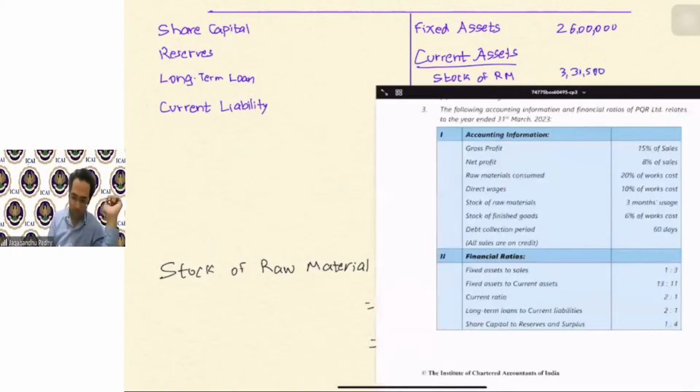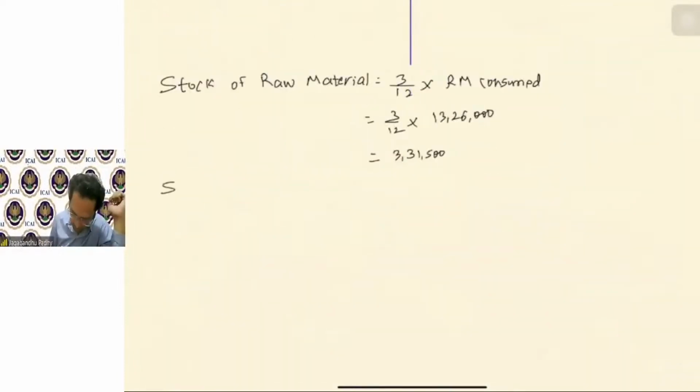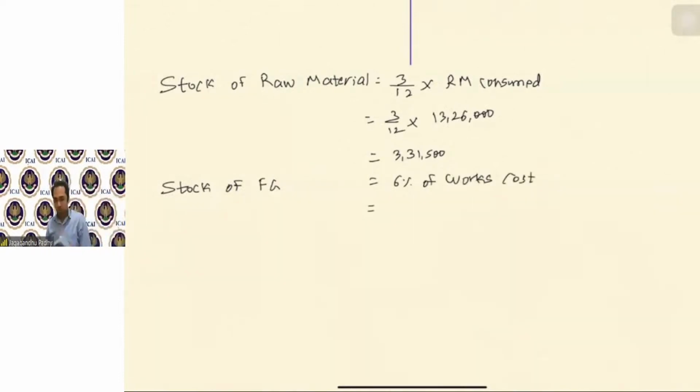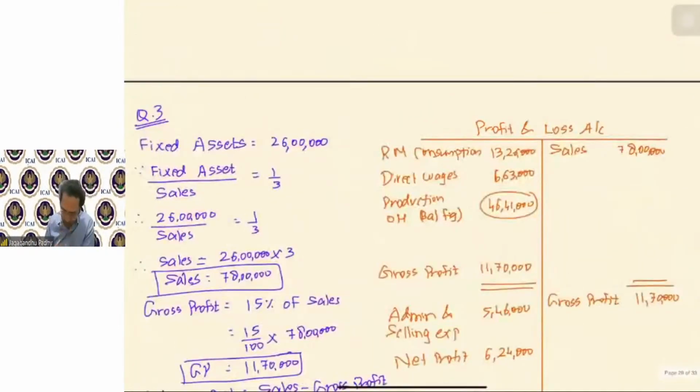Stock of finished goods, they have given us to be 6% of the works cost. That's 6% of works cost. It is 6 upon 100 into works cost, which we have computed.